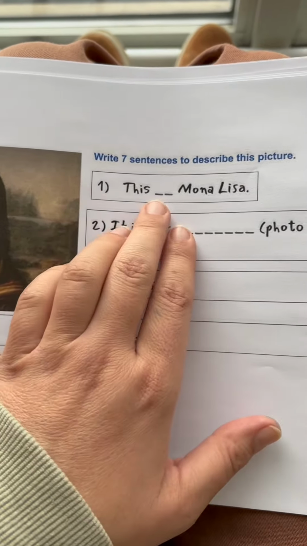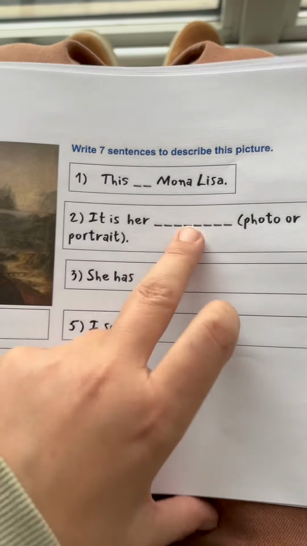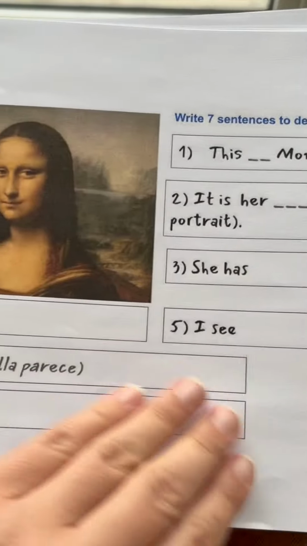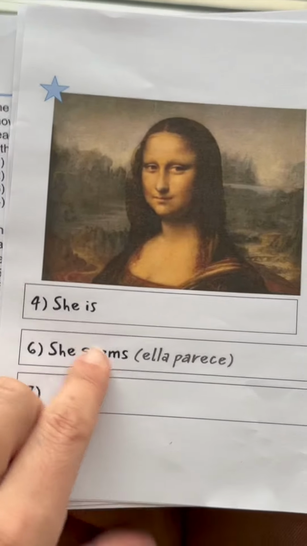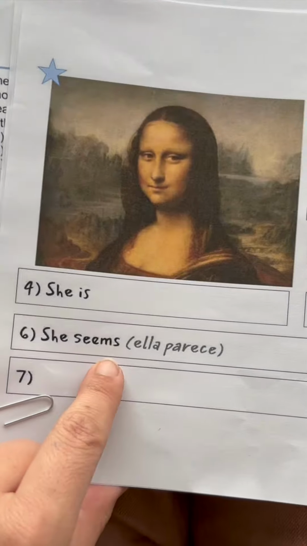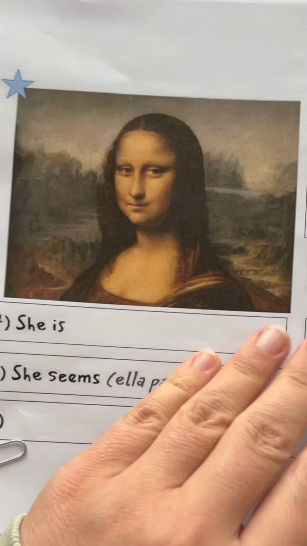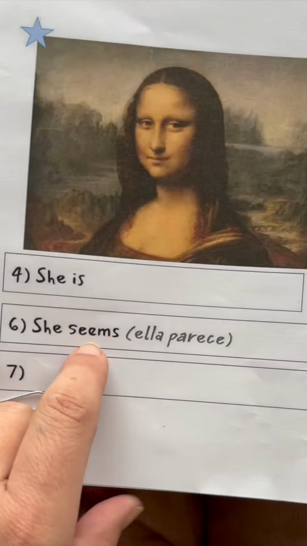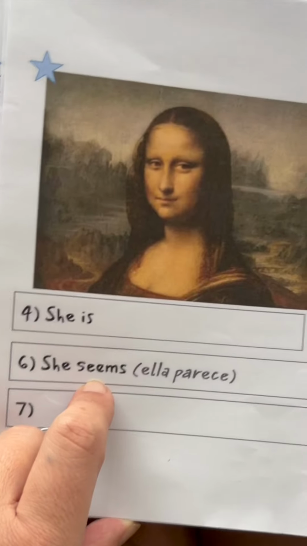So I have this, they will need to fill in is here, it is her photo or portrait, they'll have to choose that. She has, also I see, she is, she seems, and here's where they will have to put in that predicate adjective and then write 1 more sentence. They can use one of these models, but I will try to encourage them to use a predicate adjective.